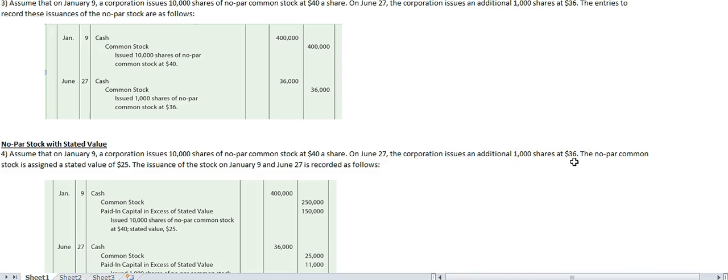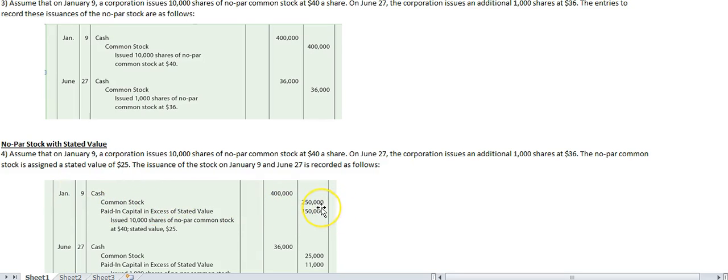So it's pretty much the same example, except that the no par common stock has an assigned stated value of $25. Some states force the companies incorporated in that state, if they issue no par common stock, to assign it a stated value. So in this case, the stated value becomes the par value, and you treat it like the par value. It's $25, so 10,000 shares sold at $25 is $250,000.